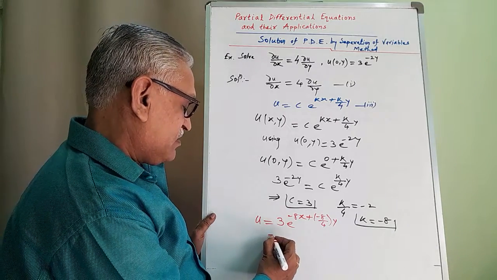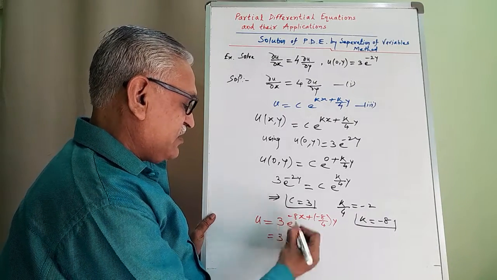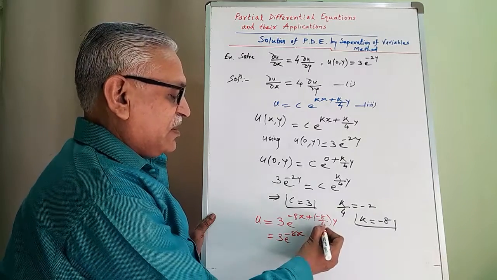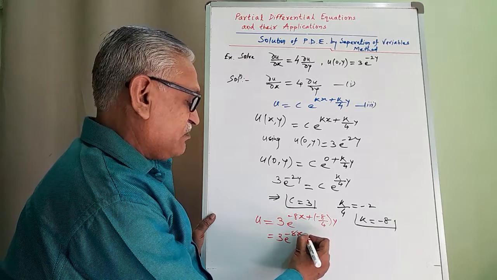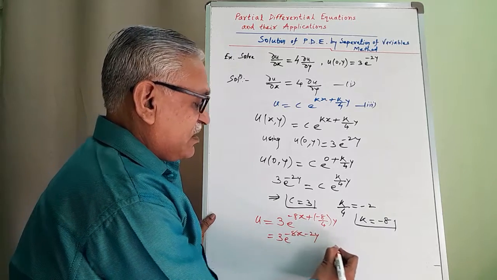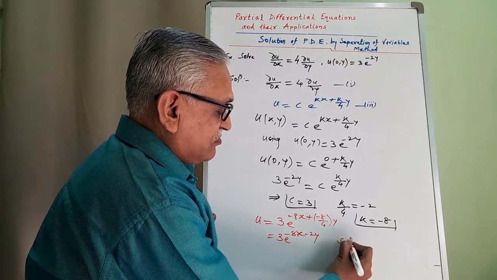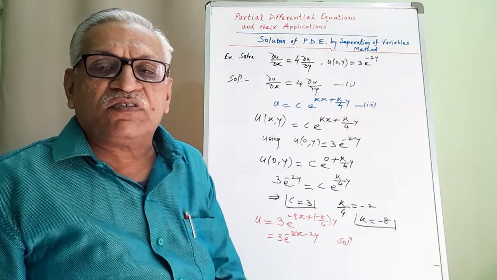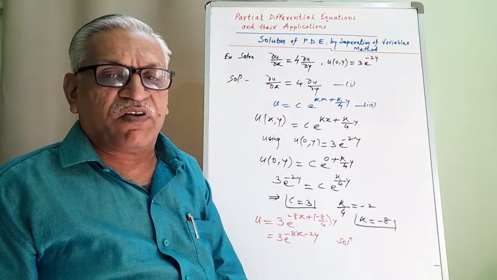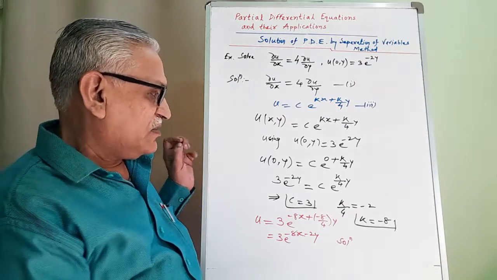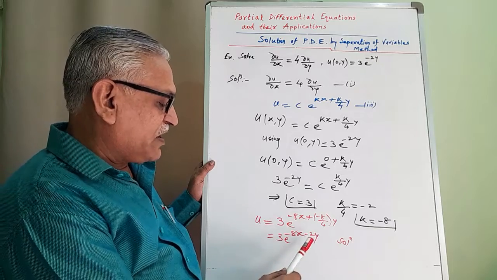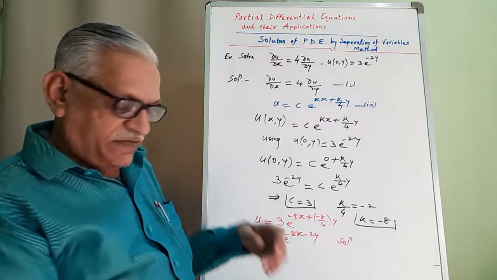Therefore, we get the solution as 3e^(-8x - 2y) as the required answer. The method used is the separation of variables technique.